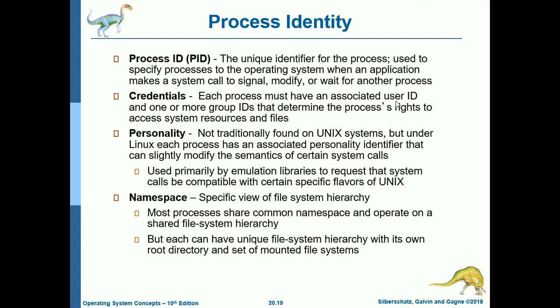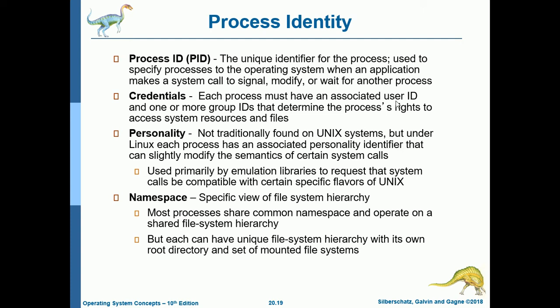It is used to specify processes to the operating system when an application makes a system call to signal, modify, or wait for another process. And next we have the credentials. Each process must have an associated user ID and one or more group IDs that determine the process's rights to access system resources and files.